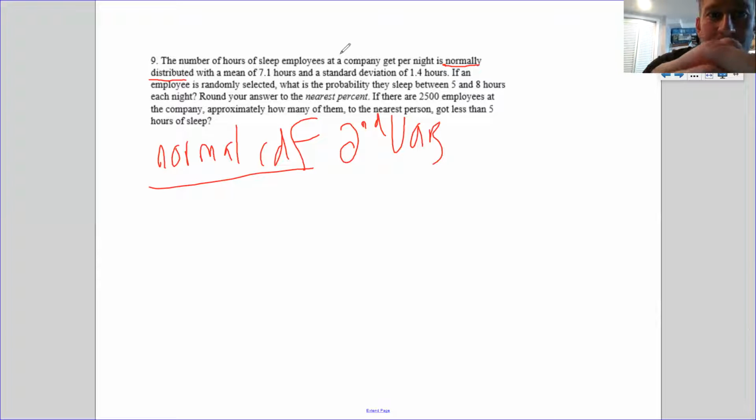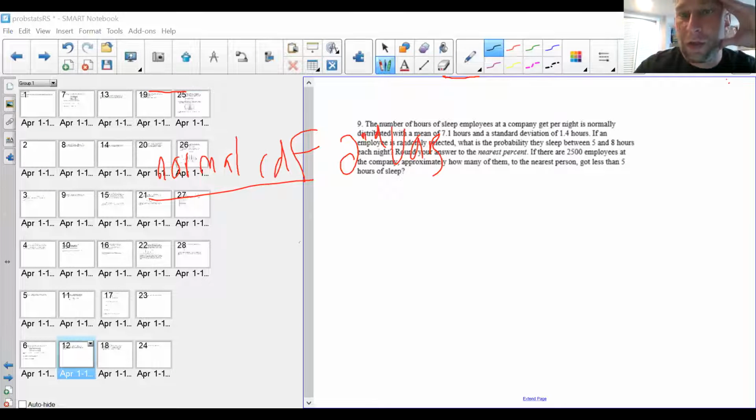So let's pull our calculator back up. I'm going to go to second vars, which is distribution, normal CDF. So now I need lower, upper, mu, and sigma.